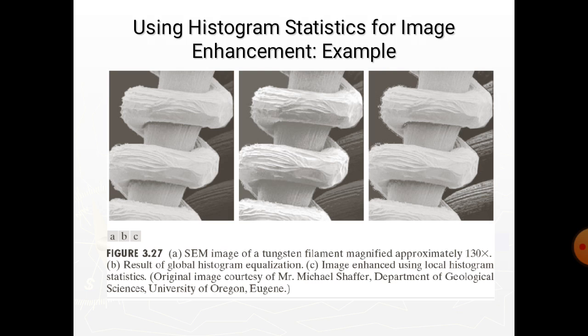So here is the figure in which an SEM image of a tungsten filament is magnified approximately 130 times. Here is the result of global histogram equalization, and in image C, the image enhanced using local histogram statistics.